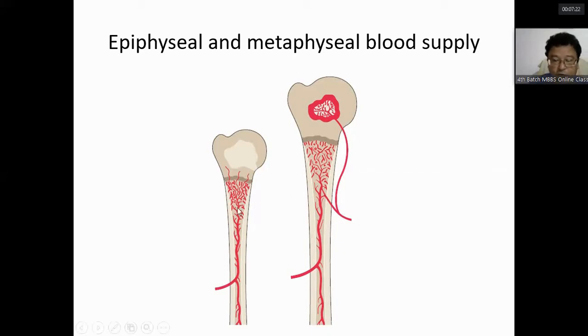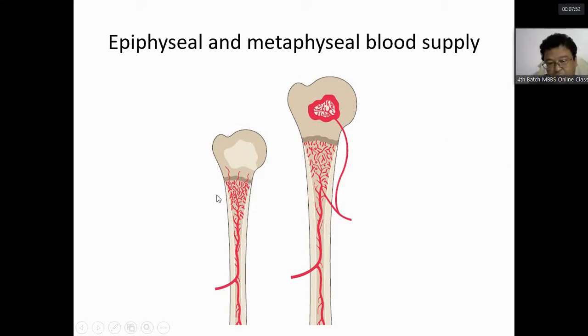So if you look at this, this is a bone of maybe an infant or a child less than 2 years. What we see is this is the growth plate, and these are the metaphyseal blood vessels crossing the physis.